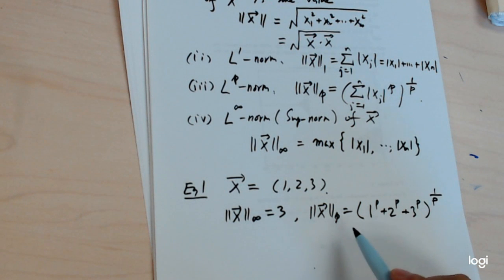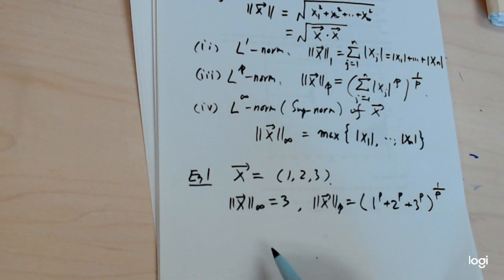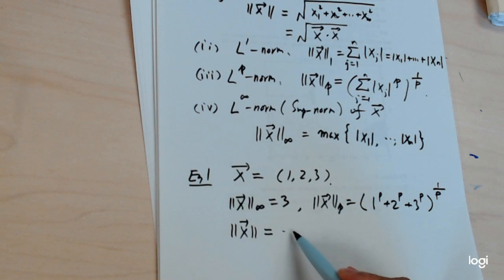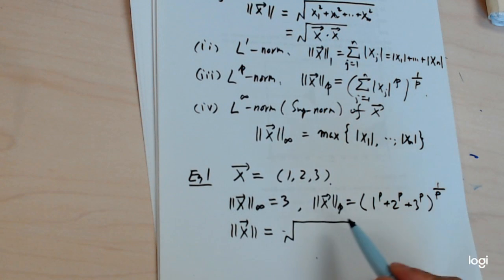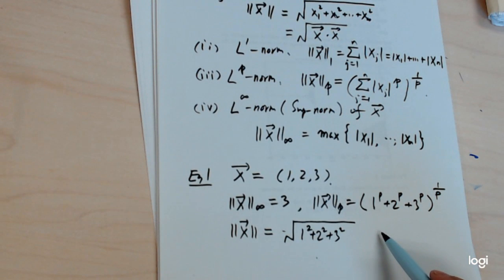The p here can be 2, 3, you name it, or even 1/2. And then we have the L2 norm. You can either write a 2 here or just leave it like this, because the L2 norm is one of the most common norms that we're going to use. That's the square root, the same as power 1/2, of 1 squared, 2 squared, and 3 squared. And this is what we are mostly familiar with. That's the distance that we're familiar with.